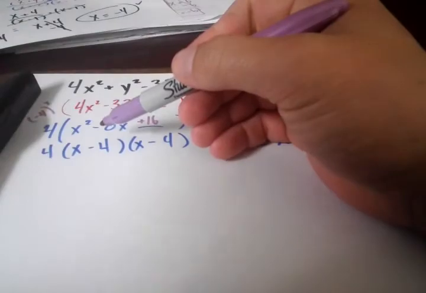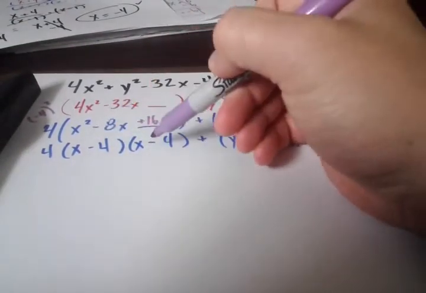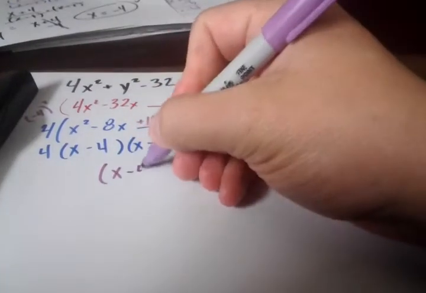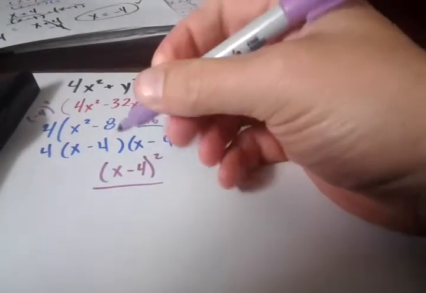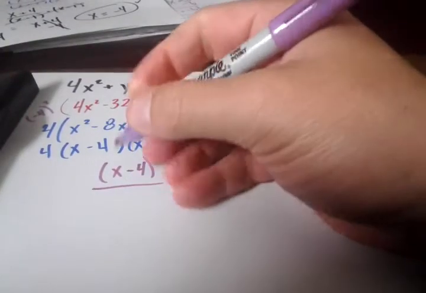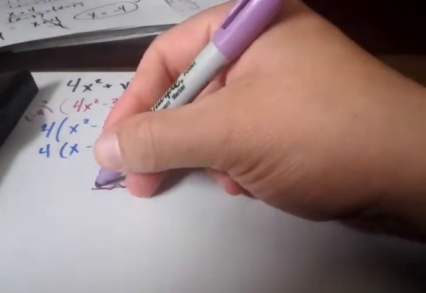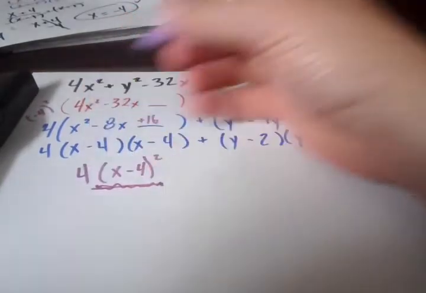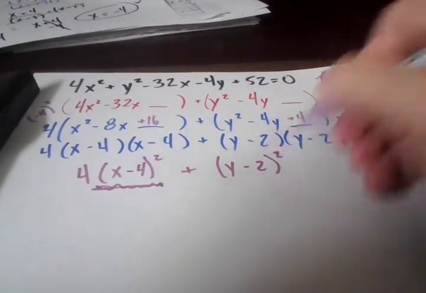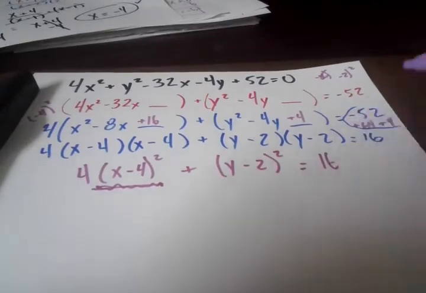So over here, this can become x minus 4 squared over nothing right now. We're going to leave that there. I shouldn't have written that in there. Don't forget I have a 4 here, and this is going to be y minus 2 squared equals 16.